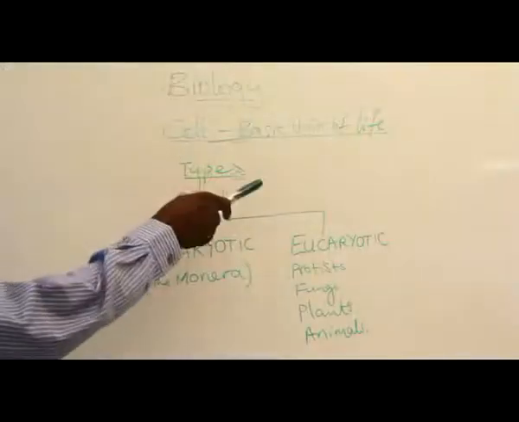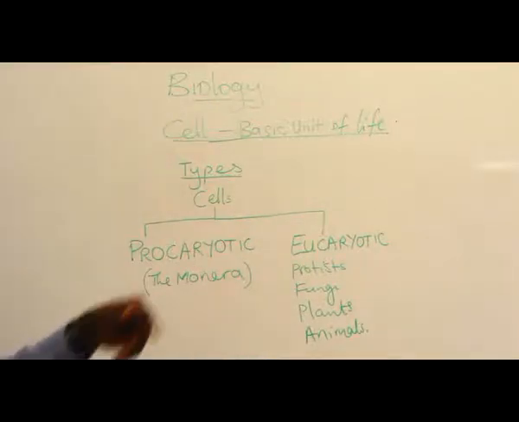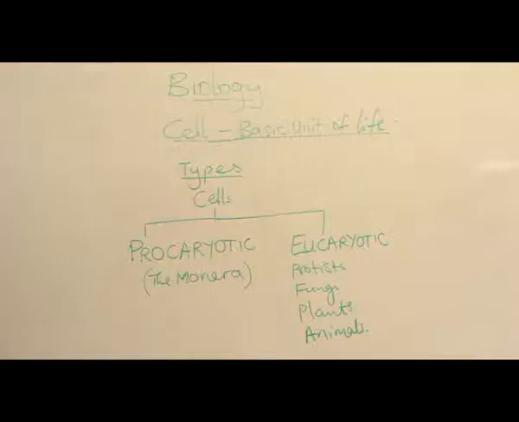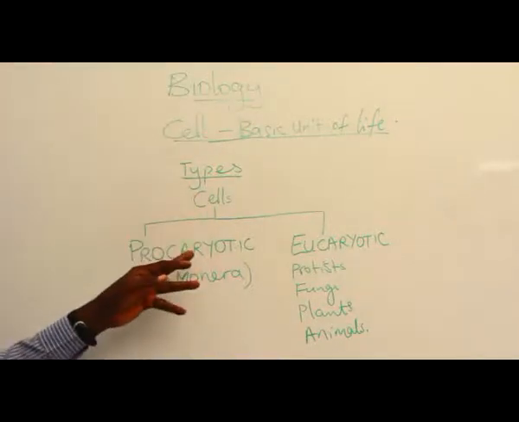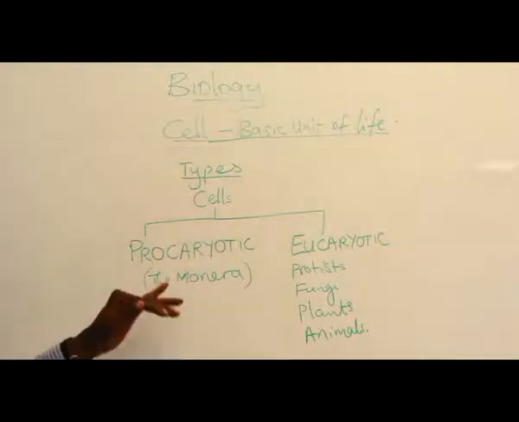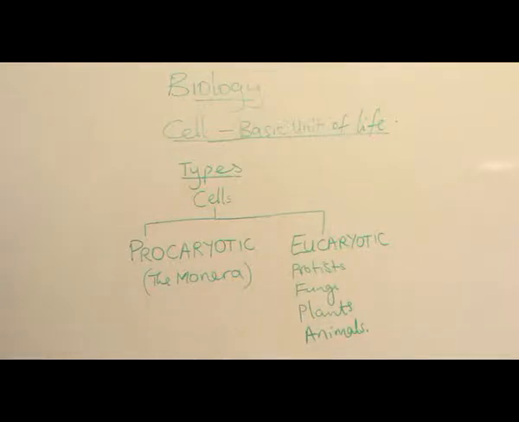The cell, we all know, is the basic unit of life, capable of replicating itself. That is, a cell can start to reproduce itself. Now, let's look at the types of cells that we have. We have two types of cells, prokaryotic cells and eukaryotic cells.